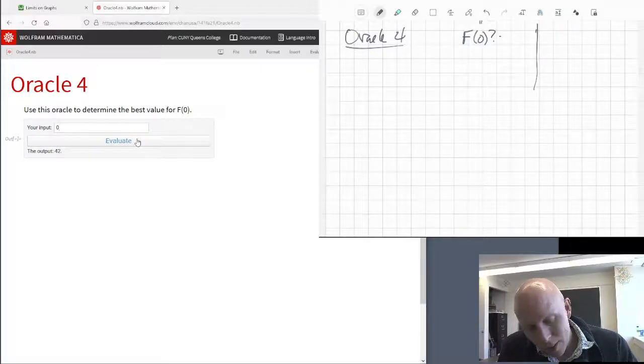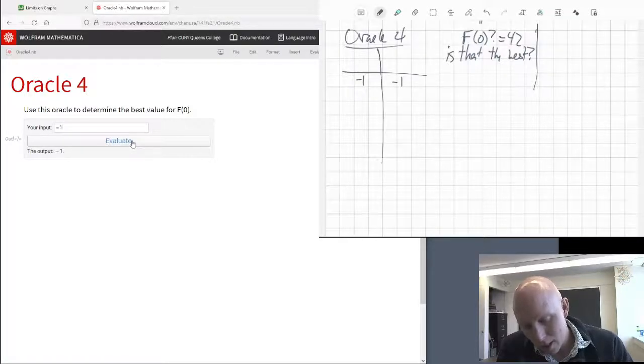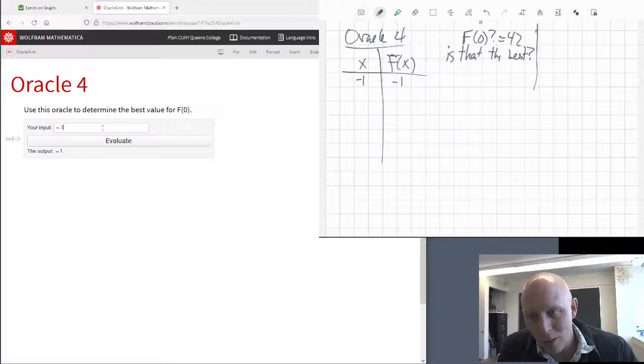So f of 0 is equal to 42, but is that the best? Okay, so let's plug in -1. -1 gives us -1. Going to -2 is not getting closer, so let's go even closer.